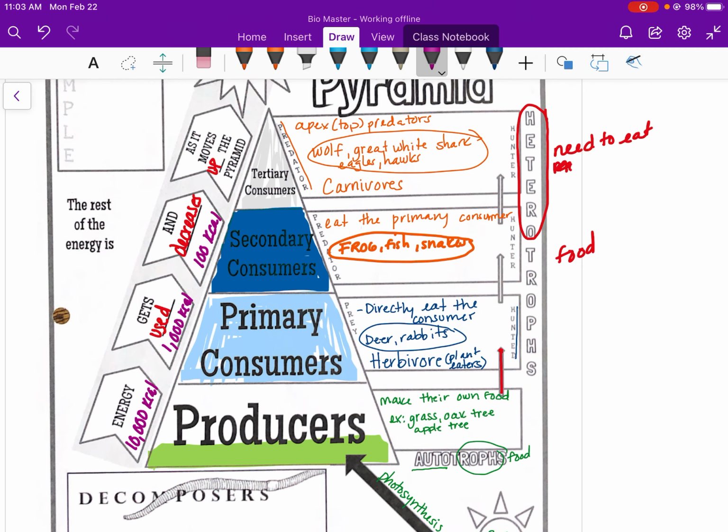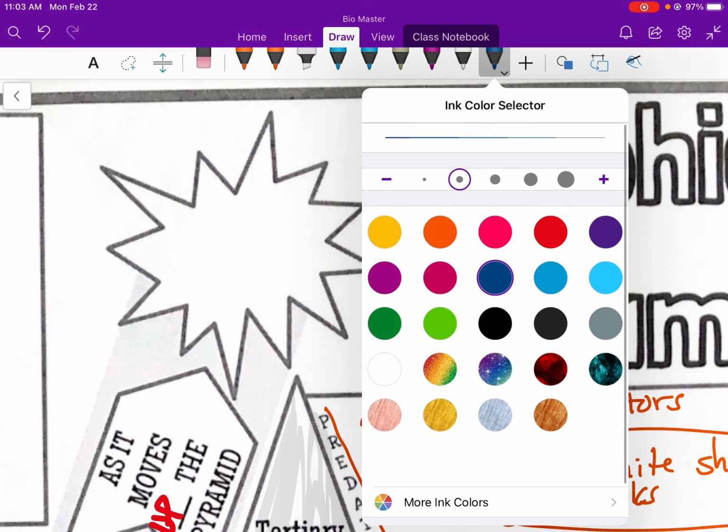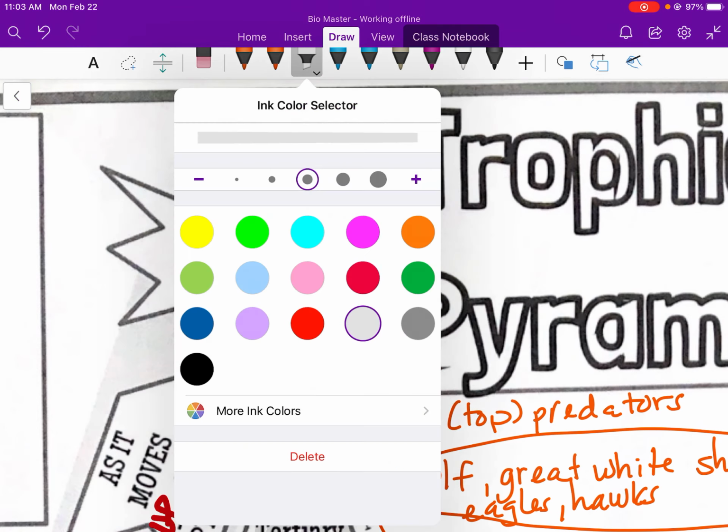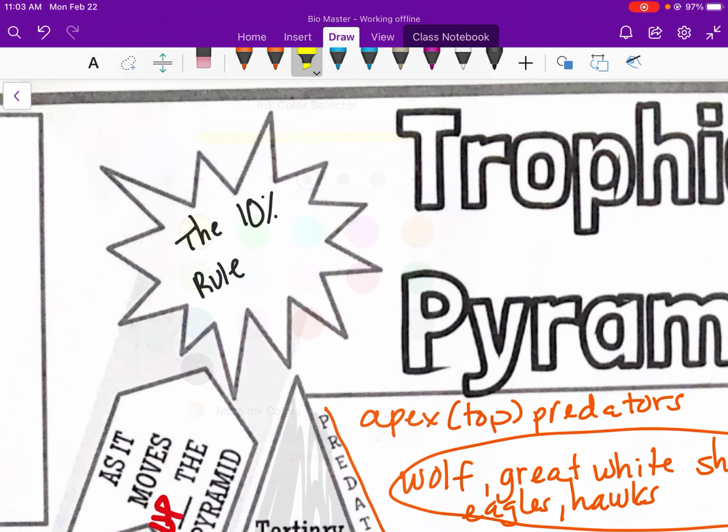And lastly, as I get to the top, I have 10 kilocalories. And we call this, I'm going to put this in black here, the 10% rule. And go ahead and highlight that one in bright yellow because this one's important. It's all important, but this is what gives our entire ecosystem the structure that it does.